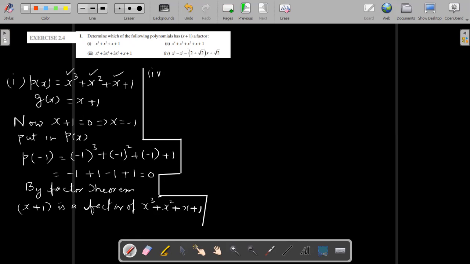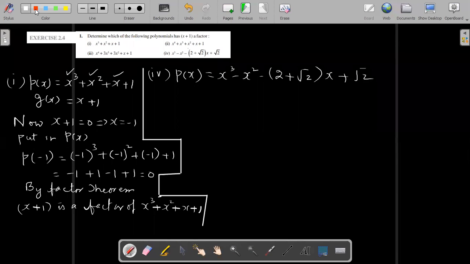Then p(x) is given in this question. p(x) is equal to x cube minus x square minus 2 plus root 2 x plus root 2. So these two questions are homework. This question number 1, this is homework, and this is also homework.